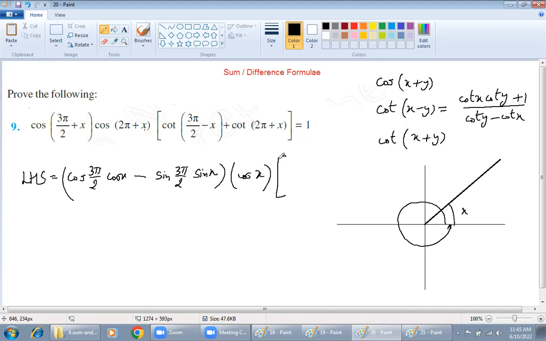So in that way, cot of 3 pi by 2 cot of x plus 1 divided by cot of x minus cot of 3 pi by 2 plus again 2 pi plus x means 360 degree plus x.